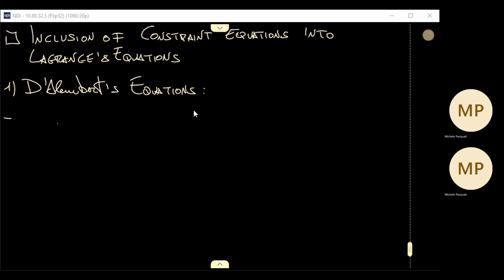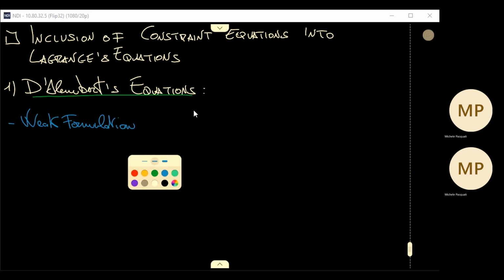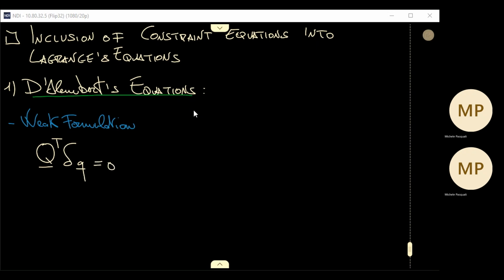So we had a weak formulation that we can call like this, which we wrote like so. So the vector of the generalized forces equal to 0.